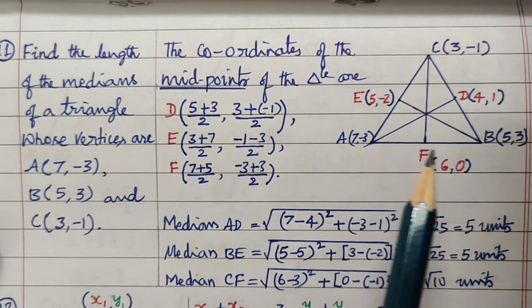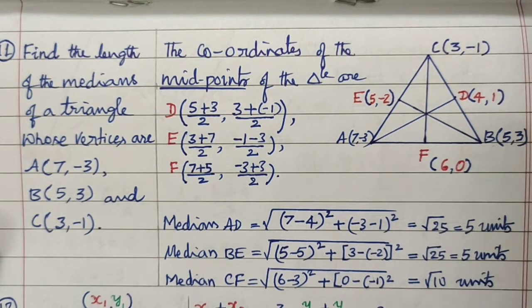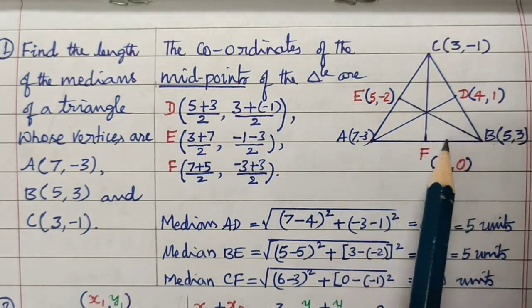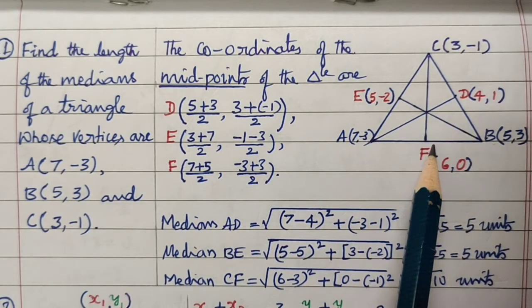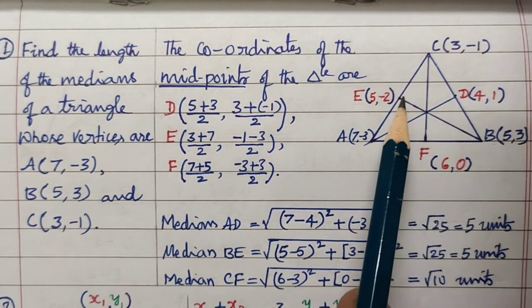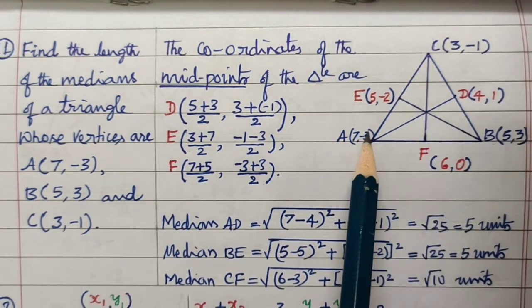To find the medians, we can use the distance formula. For that, we need to find the coordinates of D, E, F. We can find the values of D, E, F because these are the midpoints of the sides of the triangle.